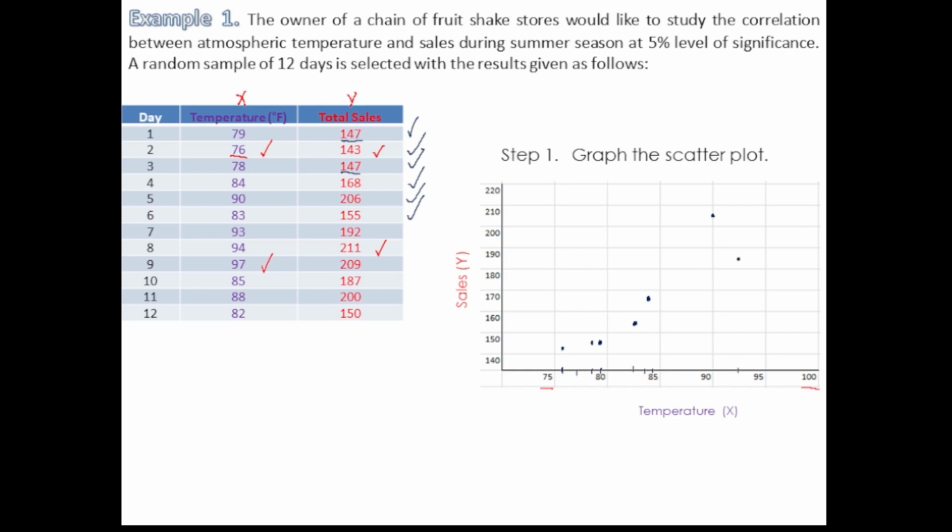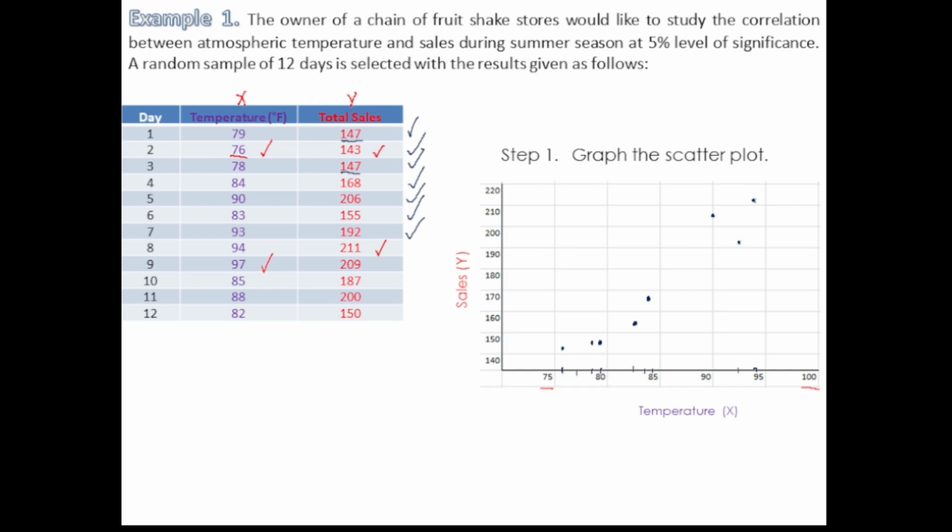Tapos 192. Ito yung 190. Okay, konting-konti lang. Yan. Okay, pang-walo, 94 tapos 211. So, dito ay 90. Okay, dito. Tapos, 211. Okay, angat ng konti.